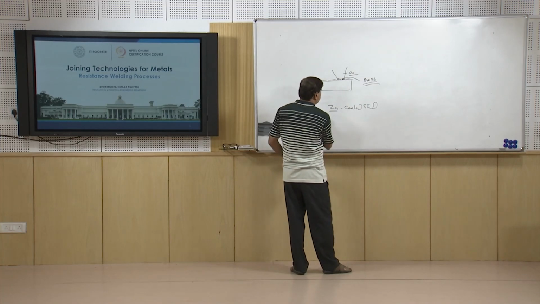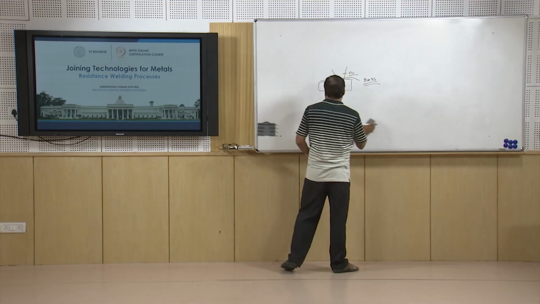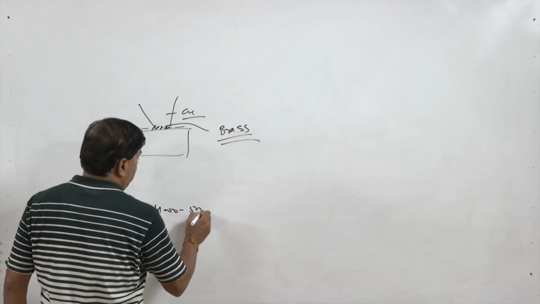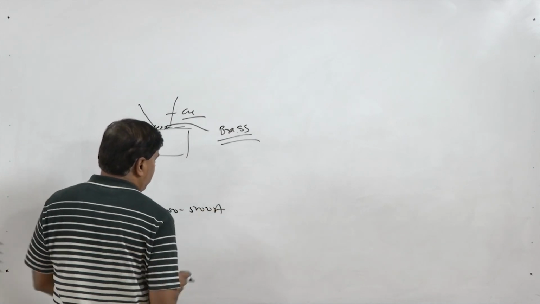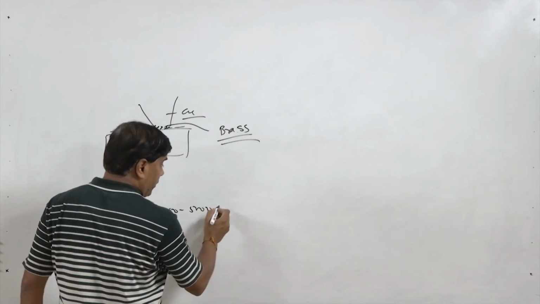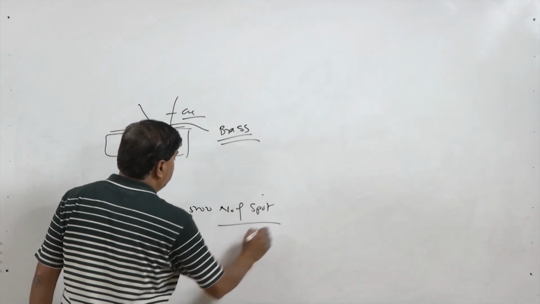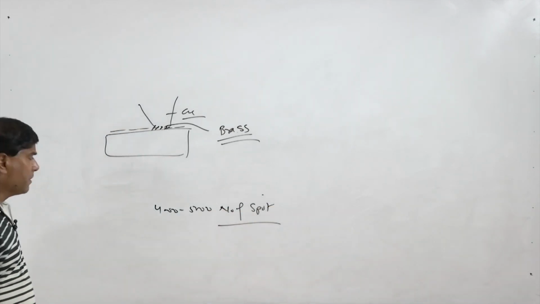Normally the electrode can produce joints of 4000 to 5000 spots in one go without compromising the nugget diameter.